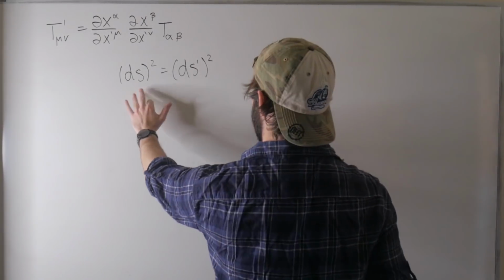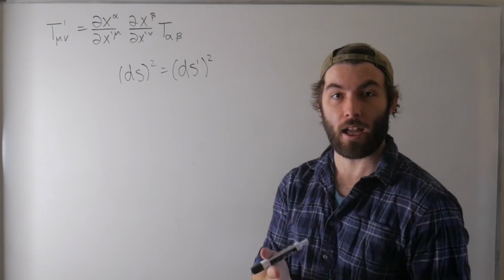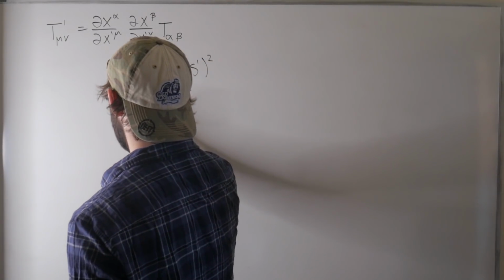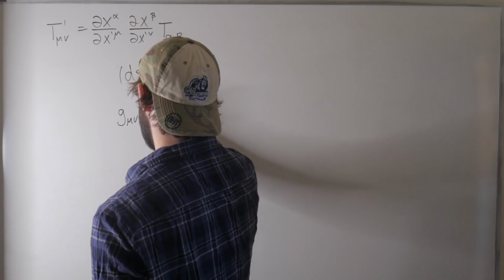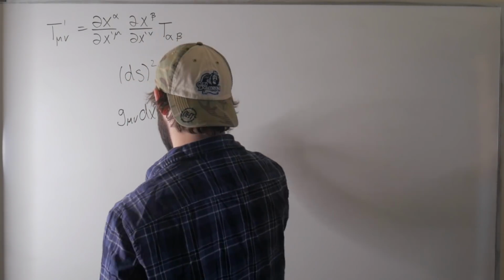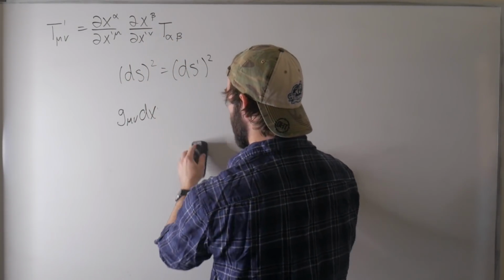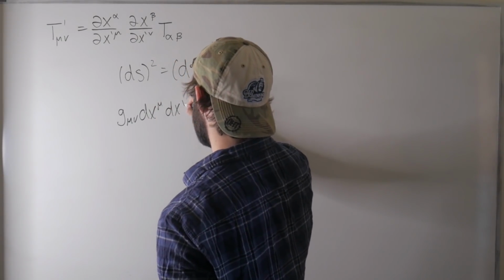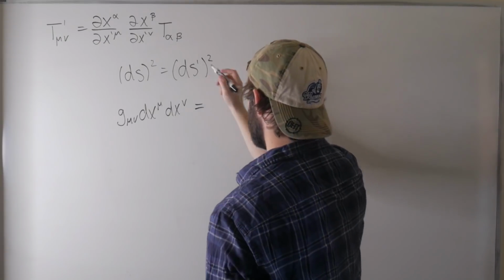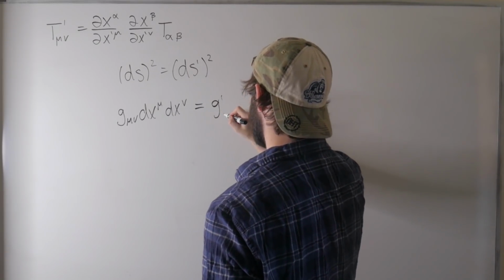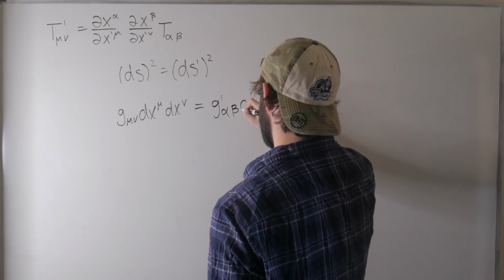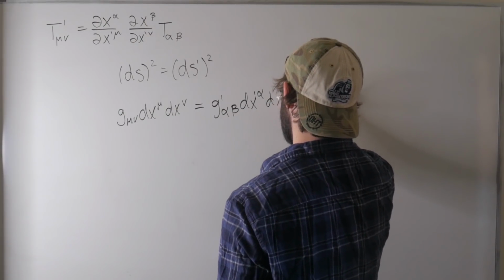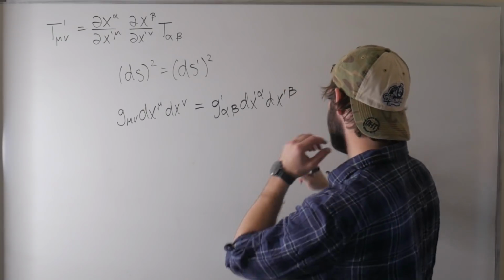And we can expand both of these in terms of their metric times the coordinate differentials. So left-hand side, this is just some g mu nu dx mu. That's a mu. Don't let anyone ever tell you that's not a mu. Dx mu dx nu should be equal to, in some primed frame, g prime, say alpha beta, dx alpha prime, dx prime beta.